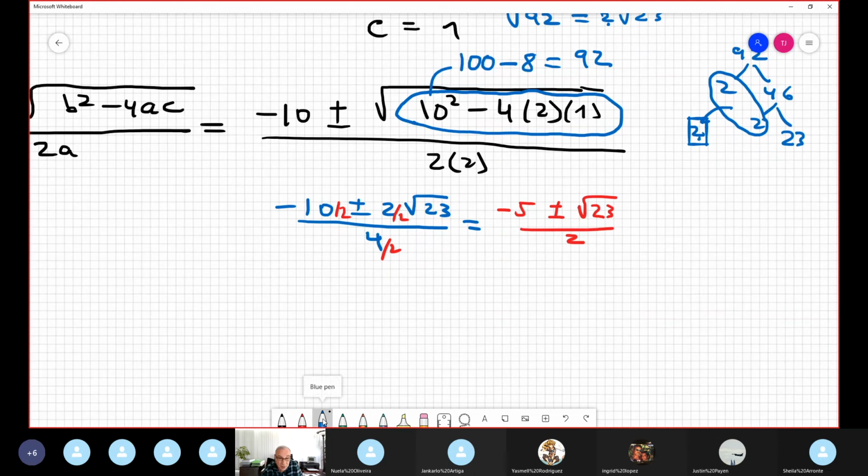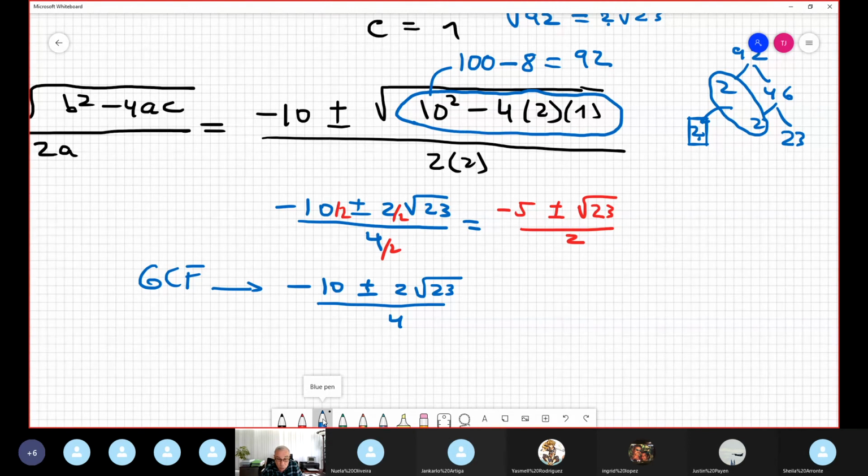You are doing a different way. Look at that. Minus 10 plus or minus 2 radical 23 over 4. I can see that in the top part, the GCF is 2, because the GCF of 2 and 10 is 2. You factor out 2, and we have negative 5 plus or minus radical 23 over 4.